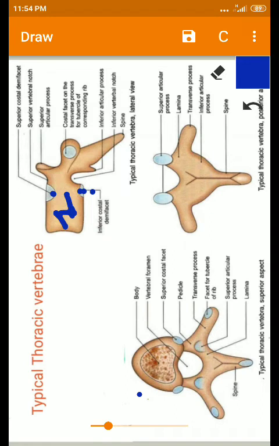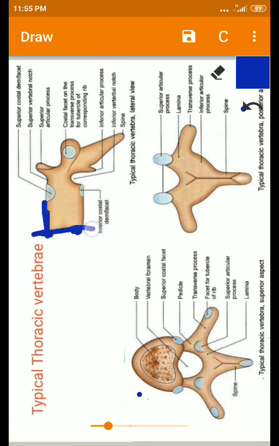This is about the features or characteristics of the body of the typical thoracic vertebra. Now if you see the attachments to this body, the upper and lower borders, this one is the upper border and this one is the lower border.